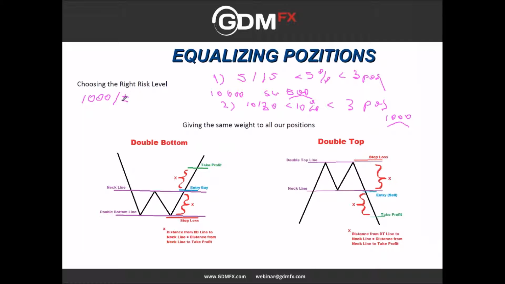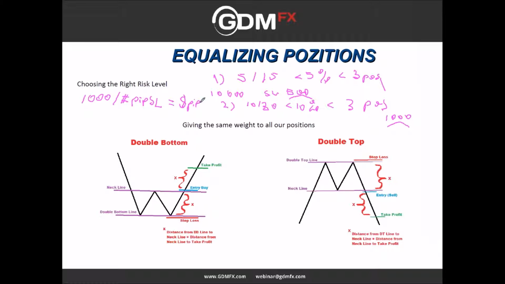The number of pips to stop loss equals to the cash per pip. Cash per pip.